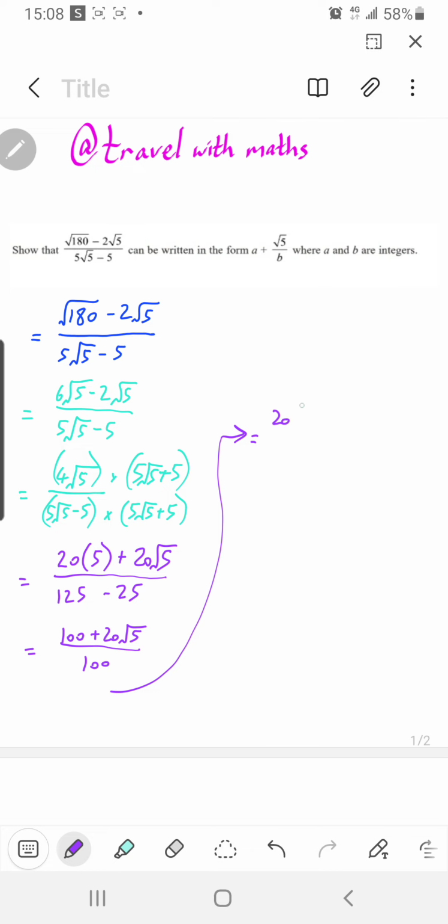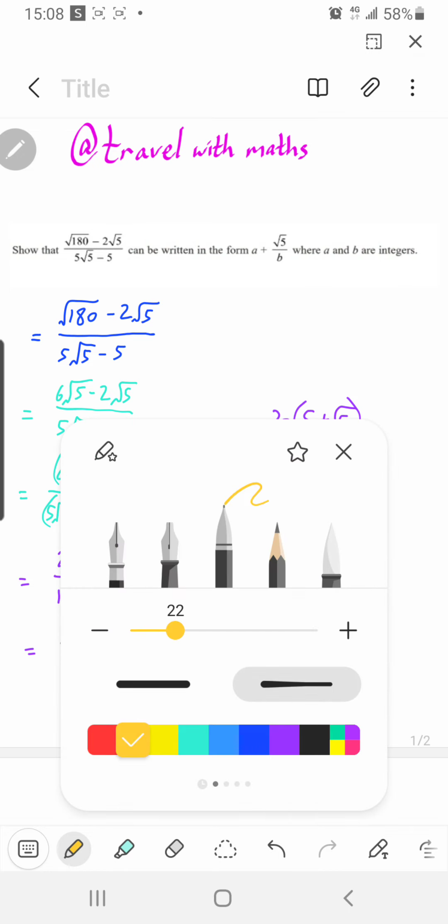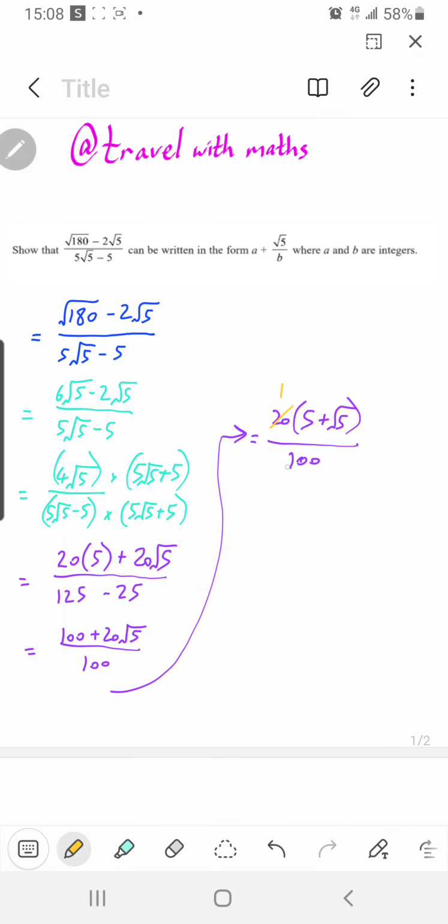So we have 100 plus 20√5, and we have 100 below. So you can rewrite this, you can split the fraction. No, actually before you split the fraction, you can take out the common factor. So 20 times 5√5, and you have 100.